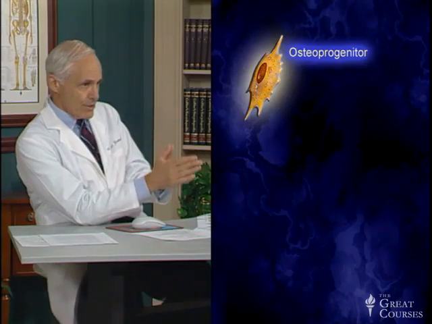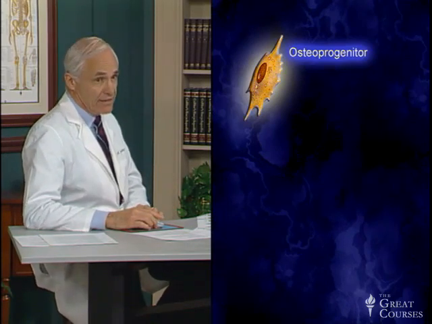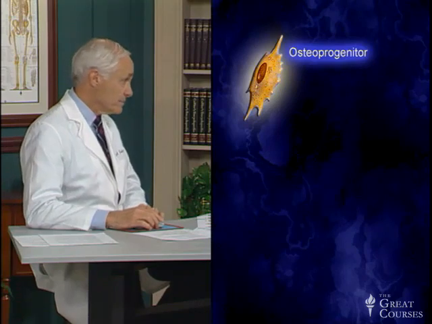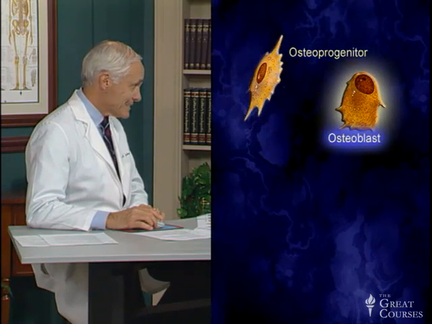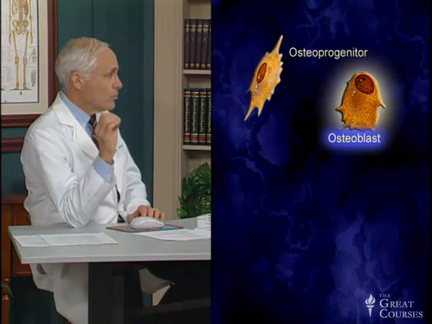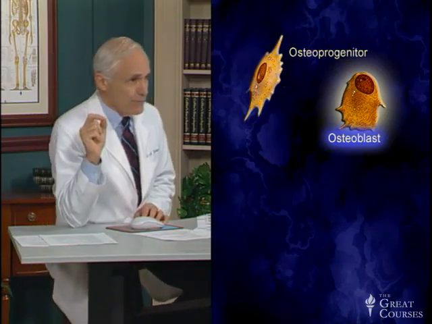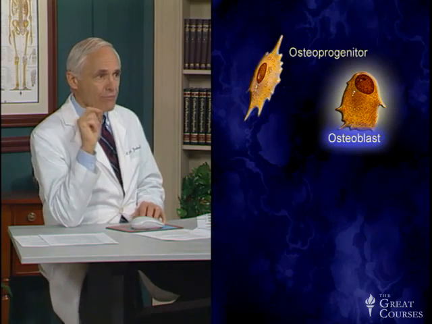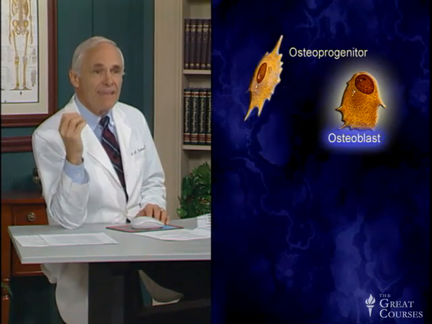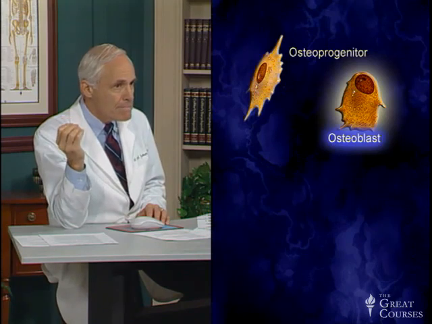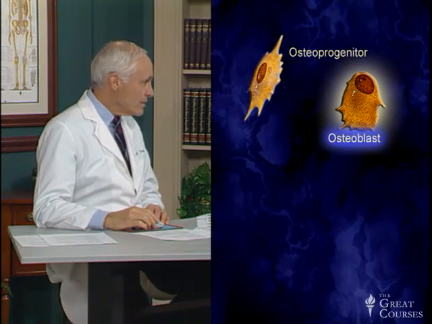They are now determined, but this cell could be a lot of different things in the skeletal system. Some of them go on and become osteoblasts. Blast is an early form, but it also, in this case, refers to the cells that lay down bone tissue. They create new bone.